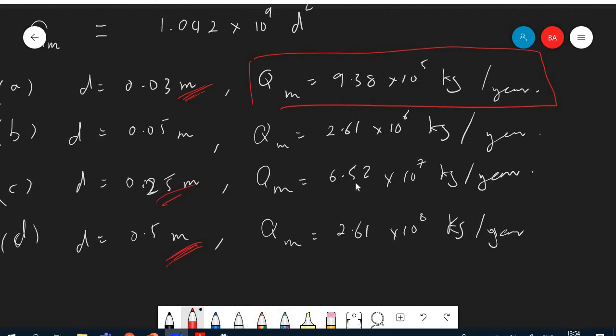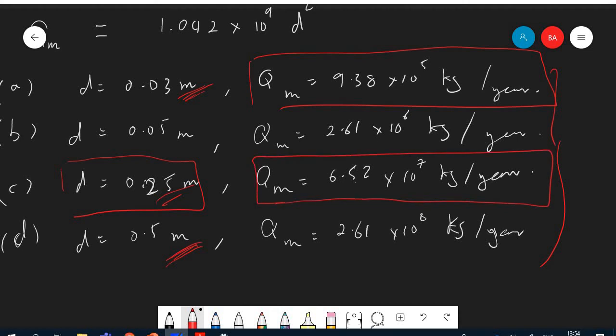The whole idea is to show you whether it is worth going for a bigger diameter to transport that bigger amount. Is that amount big enough? That is the comment we have for this question.